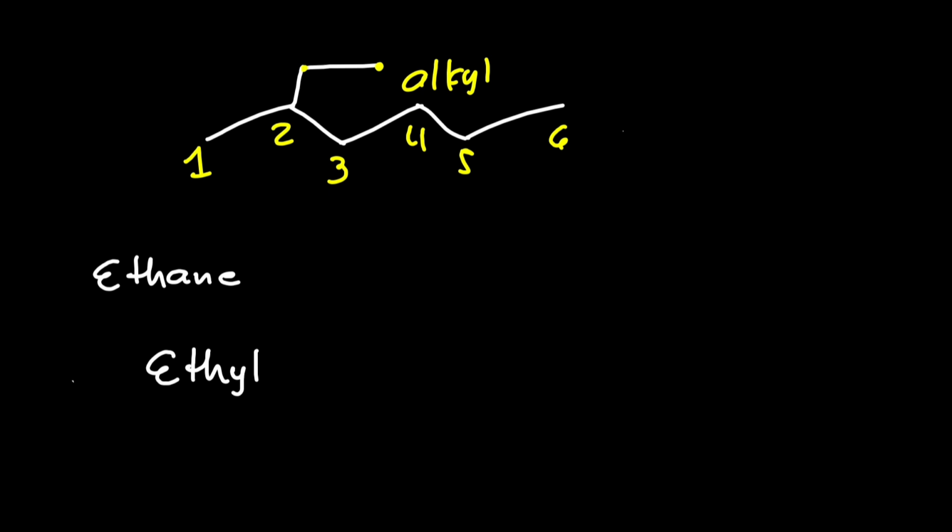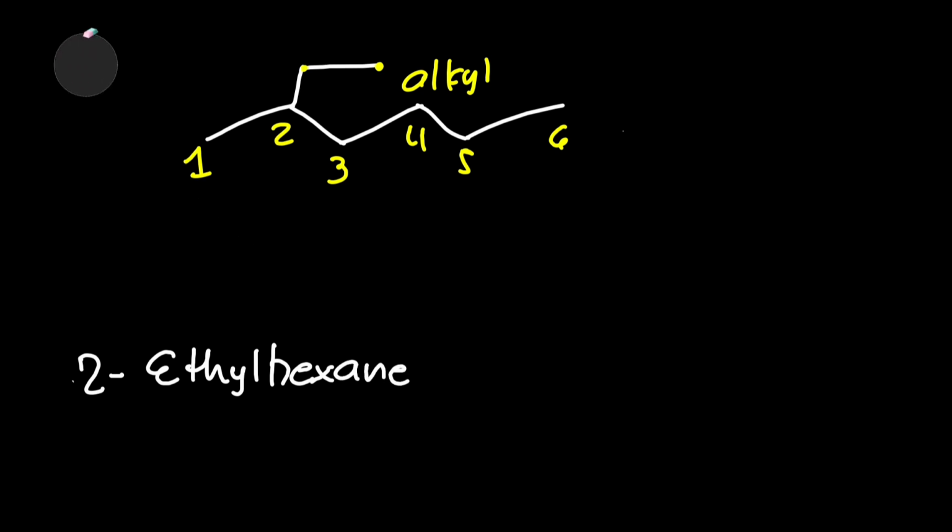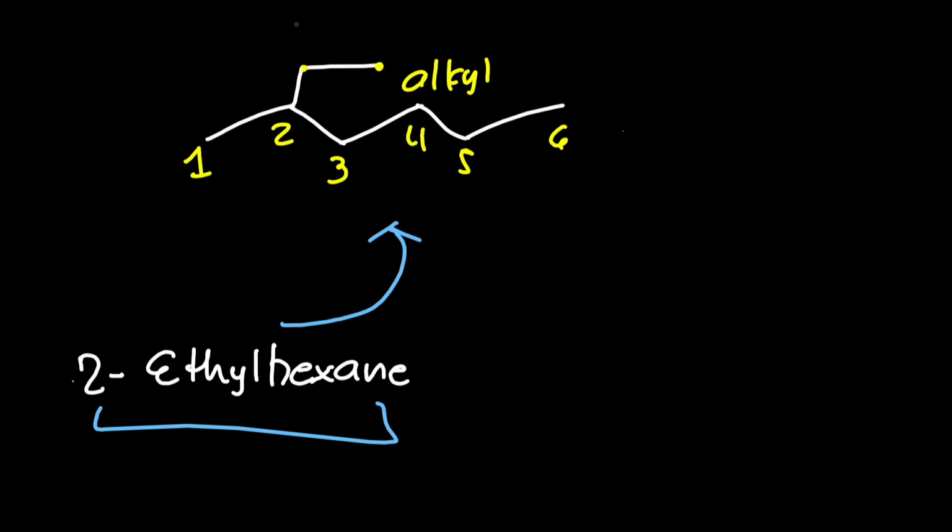The position of our ethyl is in the second carbon. So this would be 2-ethyl. And now that we have named our substituent, let us name our parent chain. We have 6 carbons on our parent chain, which corresponds to hexane. So it would be 2-ethylhexane as our structure.